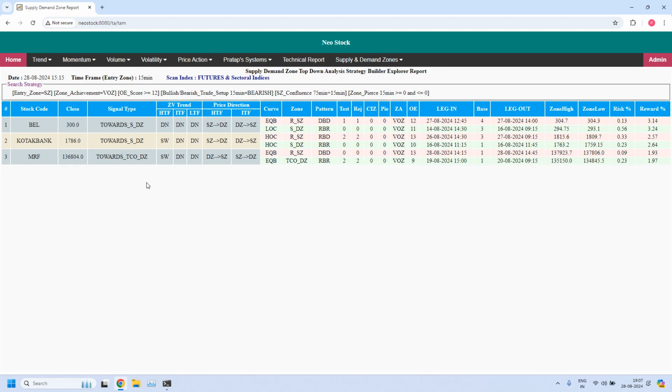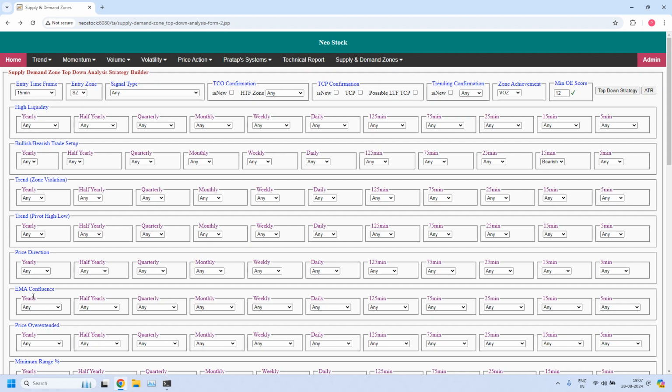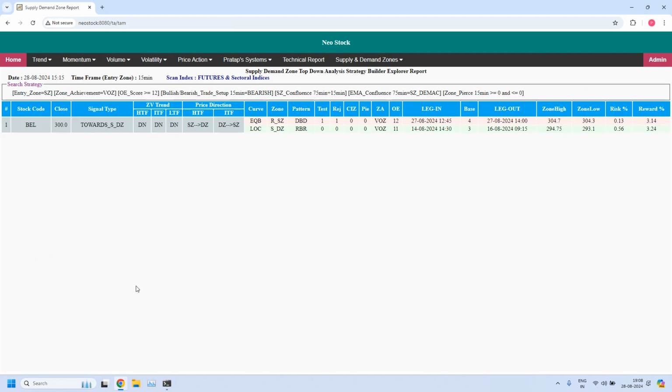With supply zone confluence of 75 and 15 minutes, the ITF trend is downtrend. In the EMA confluence, 75 minute supply zone with daily EMA confluence we are verifying. So one stock is having it. This is the high probability setup.